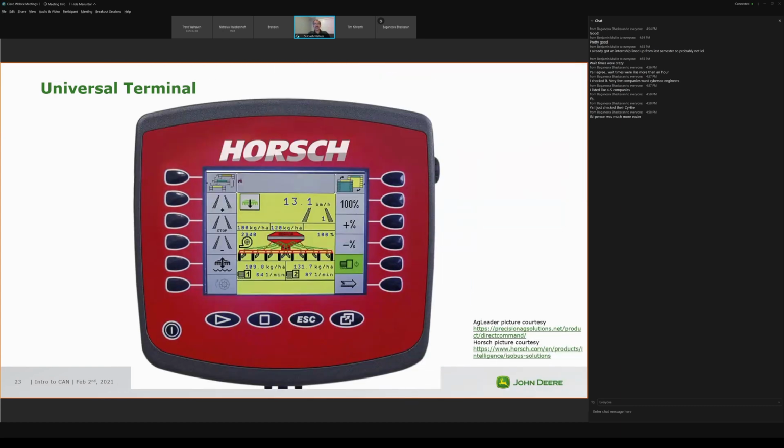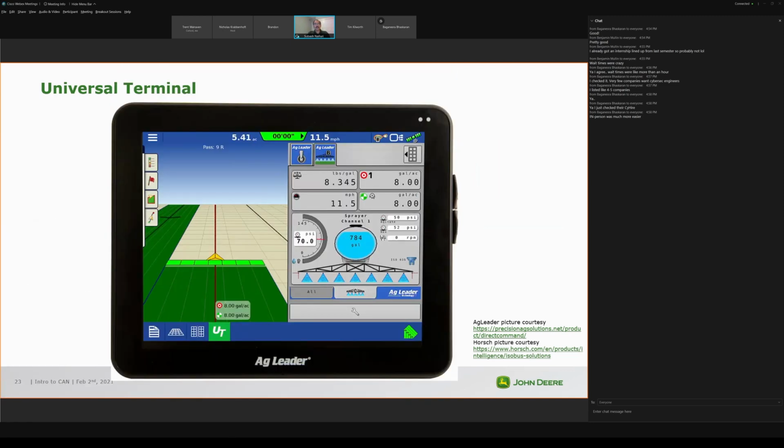And you see that Horsch has a different approach to this. Instead of soft buttons, they made hard buttons. And if you look at Ag Leader, they have their own screen, and there are plenty of terminal manufacturers, and they have their own style of executing it.